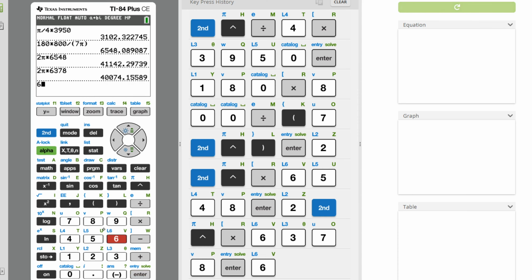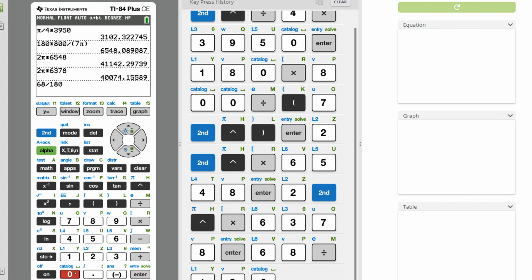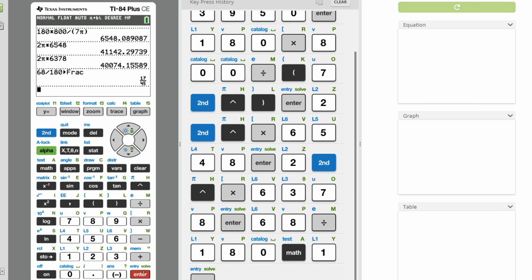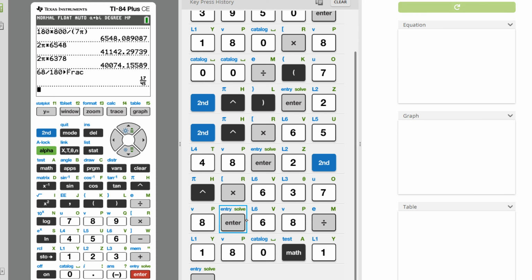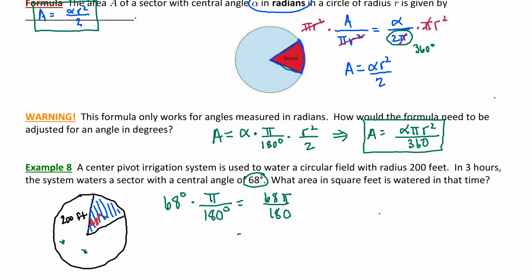I'm just going to use my calculator to do that. 68 over 180, I'm going to reduce it, and I'm going to get 17 over 45. So in radians, 68 degrees is 17 pi over 45. So that's the angle that I'm going to use in the area formula.